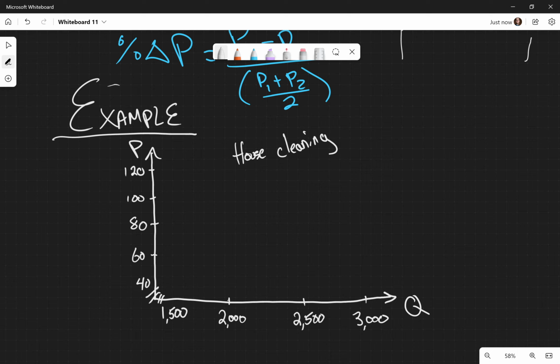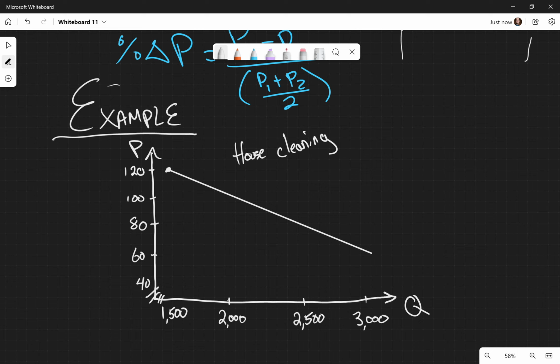All right, so we are given some points along this line. And we are going to do some elasticity measurements at the very top of the line.